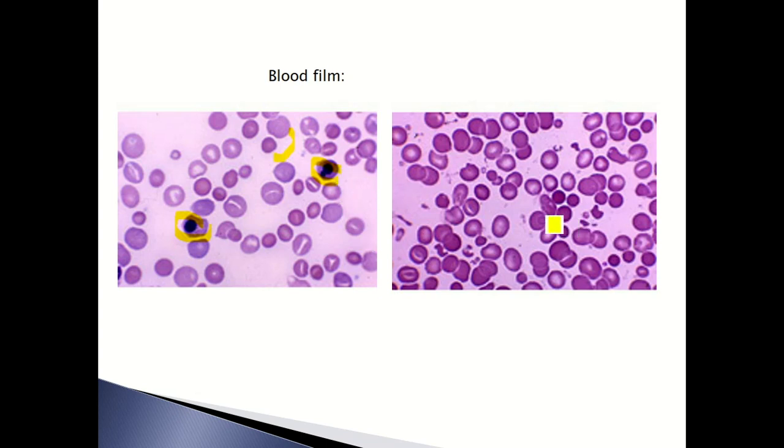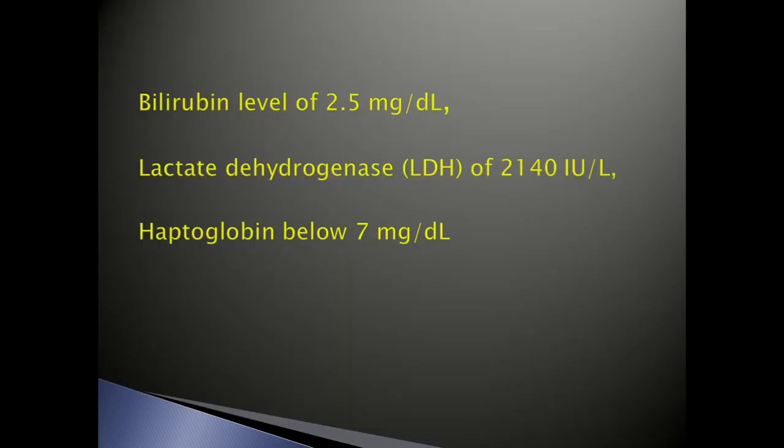In this figure you can see fragmented RBCs over here, and over here. So such RBC destruction is going on. Such blister cells or bite cells are there. So polychromatic RBCs, destructed RBCs, with NRBCs, that is nucleated RBCs, is a typical blood picture of hemolytic anemia.